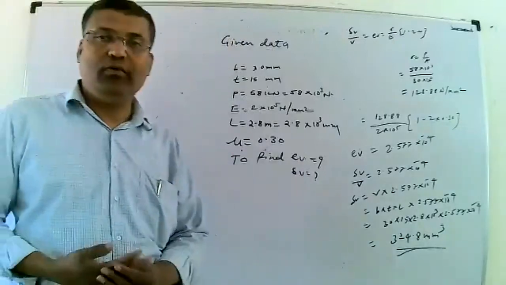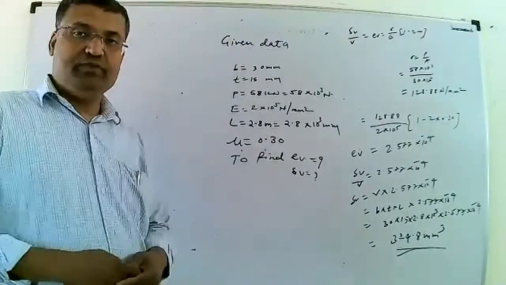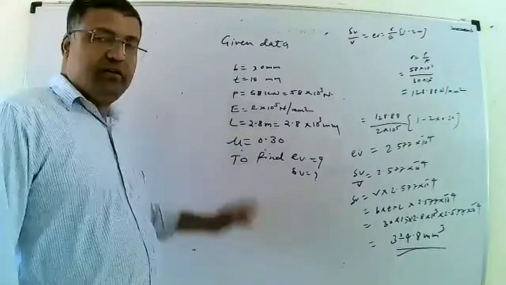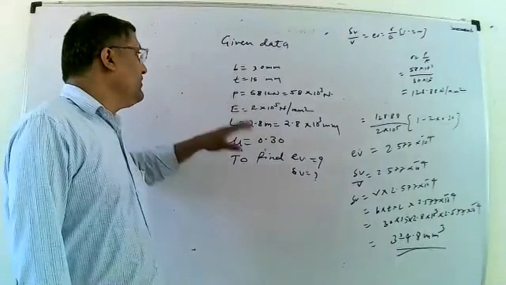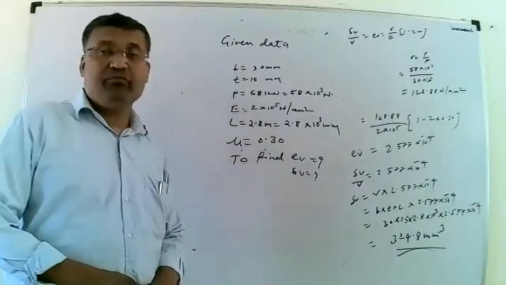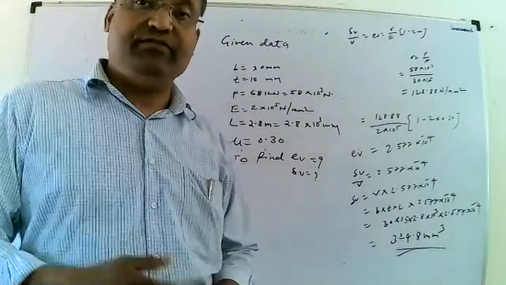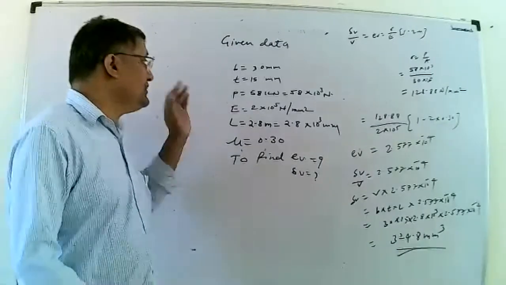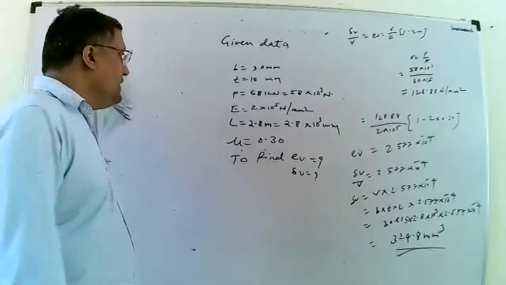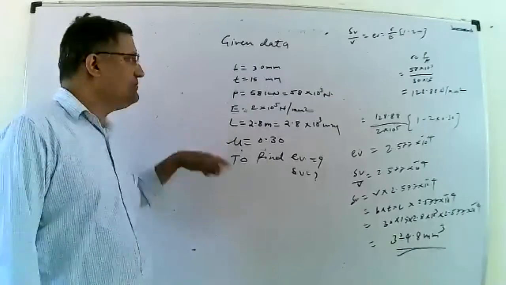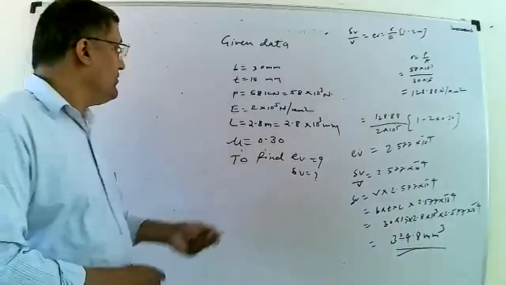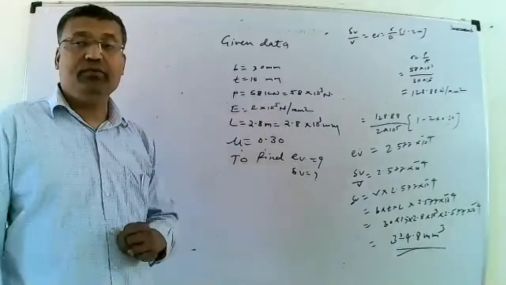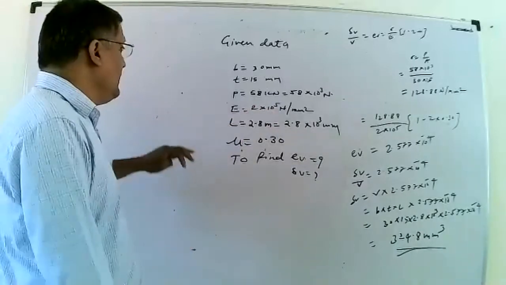Then whatever information is provided, B is given, T is given, thickness is given. Then load is provided. That load is 58 kilonewton, which means 58 into 10 raised to 3 Newton. Then E is given, Young's modulus of elasticity, that value is 2 into 10 raised to 5 Newton per mm square.